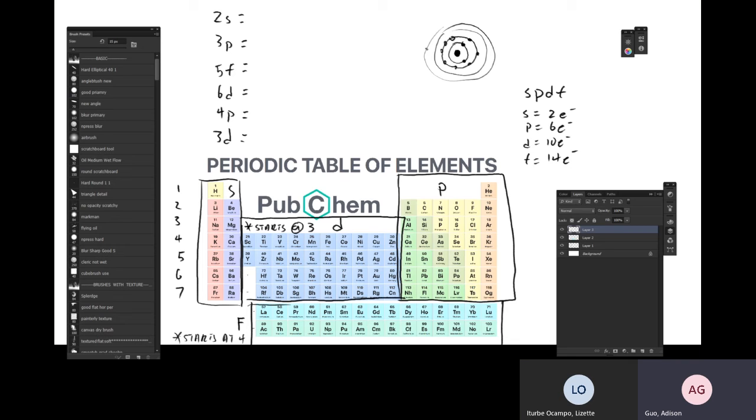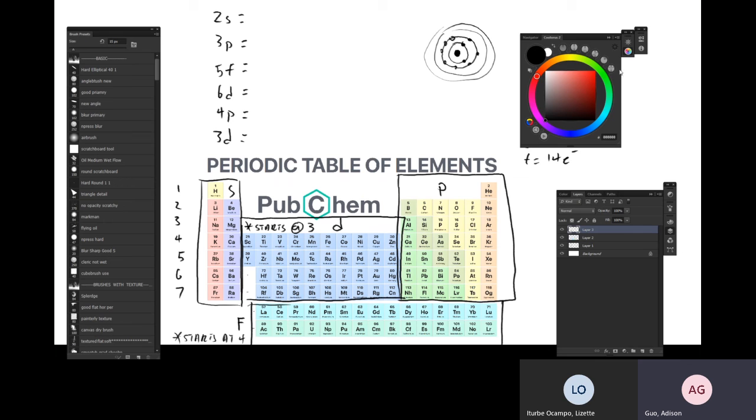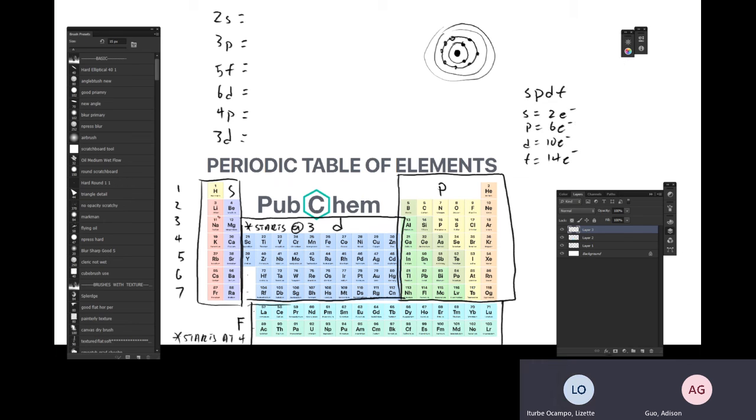Now, if we look over here, this is going to be energy level 2. We call the energy level n, so that's n equals 2.